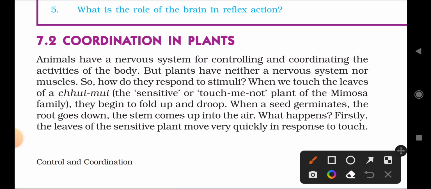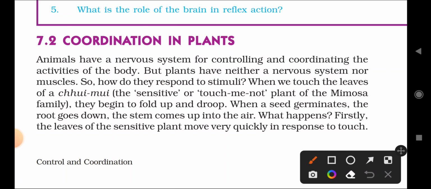Almost all plants have some parts that are living, and the remaining are dead cells. How they communicate and how they behave, all these queries we will study in coordination in plants. Until now we discussed coordination in animals, now we will discuss coordination in plants.